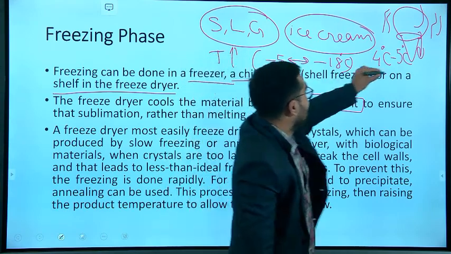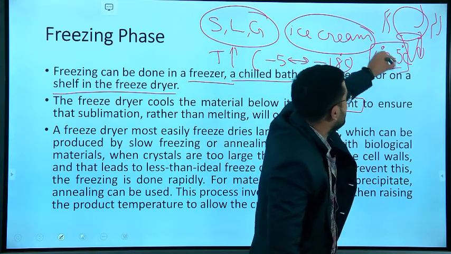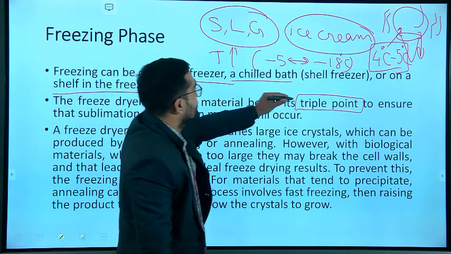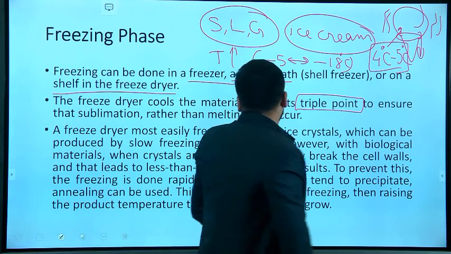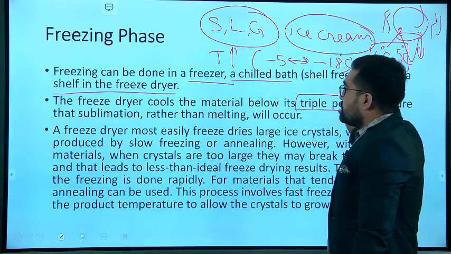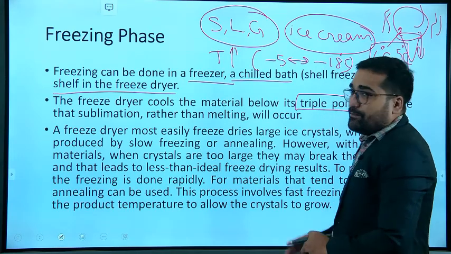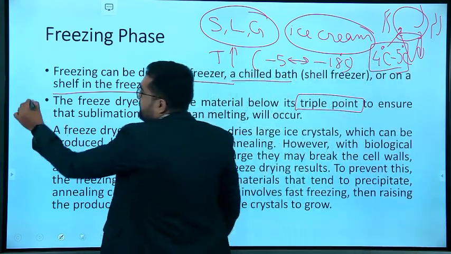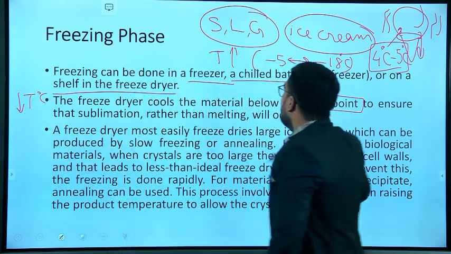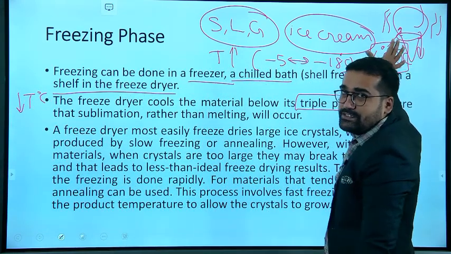So the temperature at which all three phases of this ice cream or any product coexist is known as the triple point of the product. Now what happens in a freeze dryer? We try to keep the product temperature below the triple point.